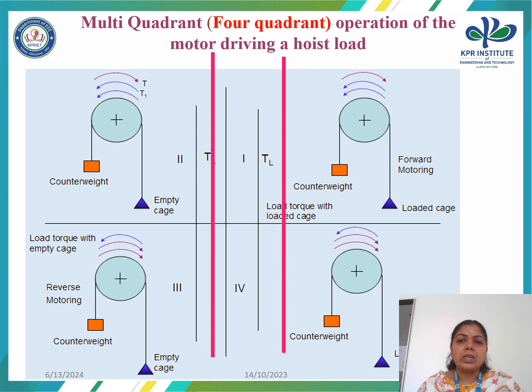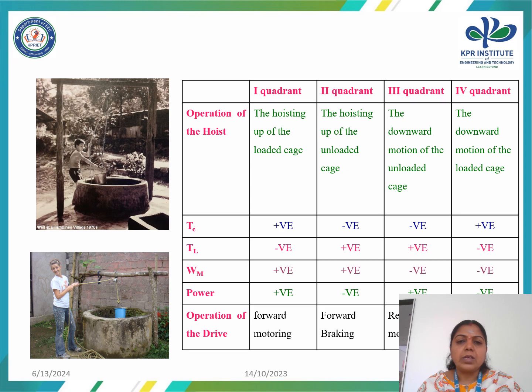This is illustrated in this diagram. So this is based on the first, second, third and fourth quadrant operation of the hoist. Based on that, what is the electric torque, load torque, then the power, then operation of a drive.